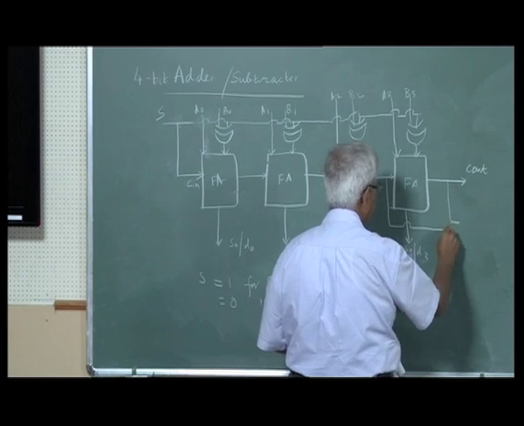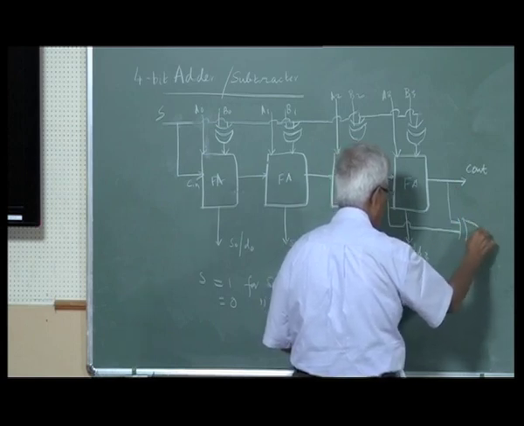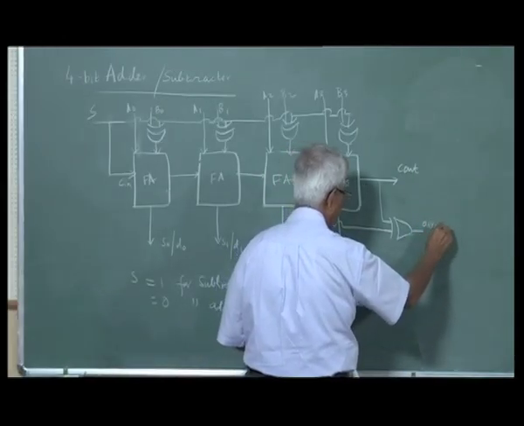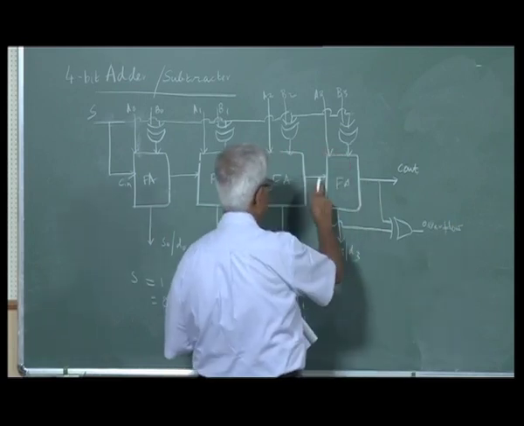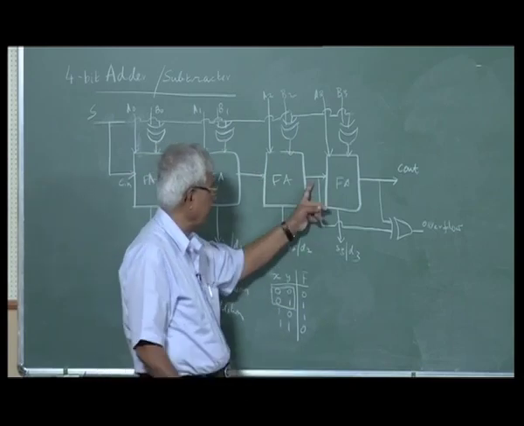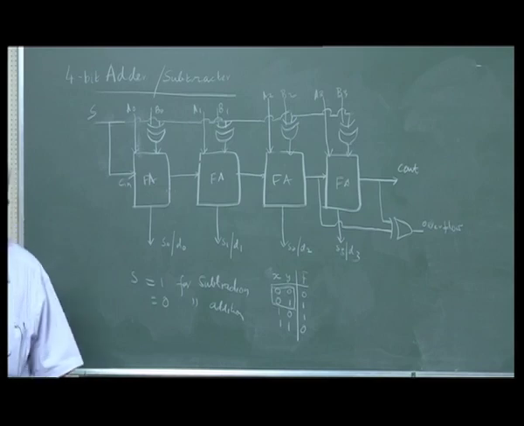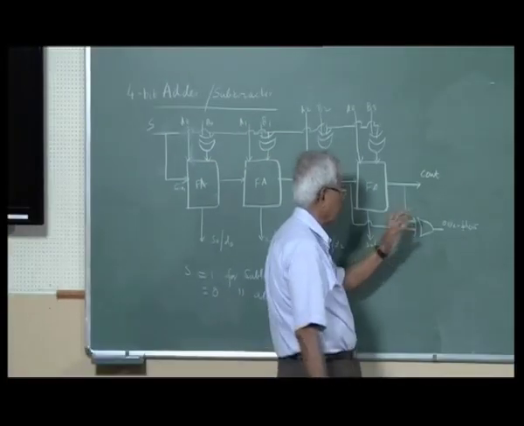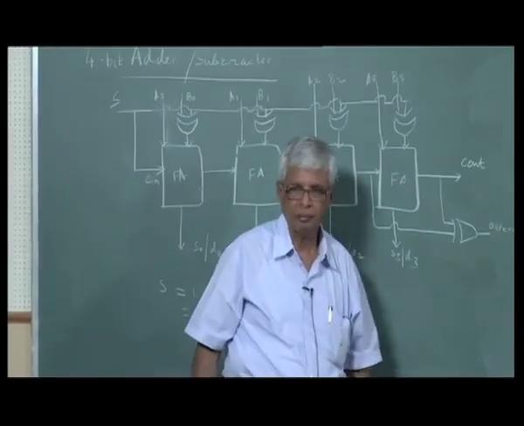You have to put these two into an exclusive OR gate. This is overflow. If overflow occurs, these two bits will have different values. If this carry and this carry are the same value, there is no overflow. If this carry and this carry are different, then there is overflow. Of course, we are only talking about 4 bits now.